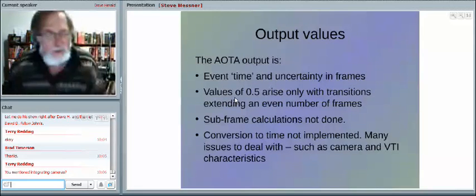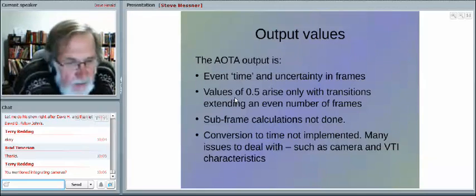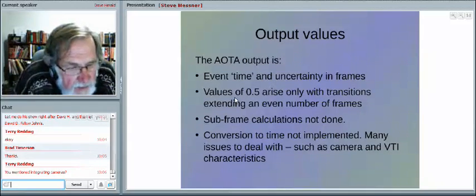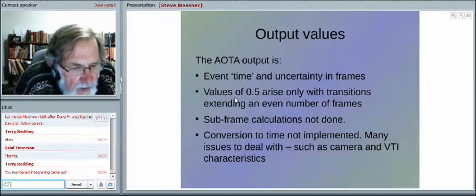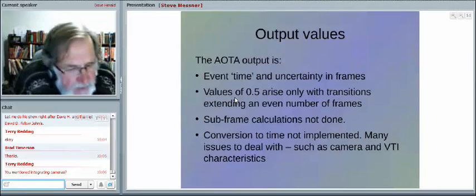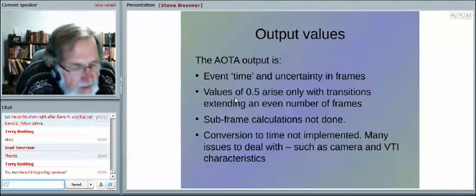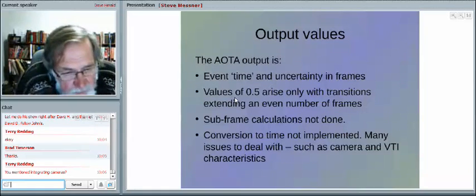Terry's mentioned here, you mentioned integrating cameras. The slide I haven't shown here is, when you load a CSV file in, the first thing that comes up is a screen which plots the first 100 or 200 data points, and if it's an integrated camera, you have the characteristic group of data points at a single level, and with the cursor you select the start and end of that to be an integrating period.